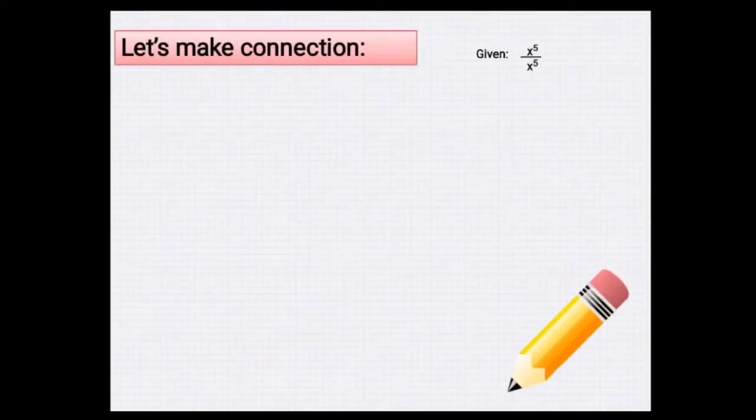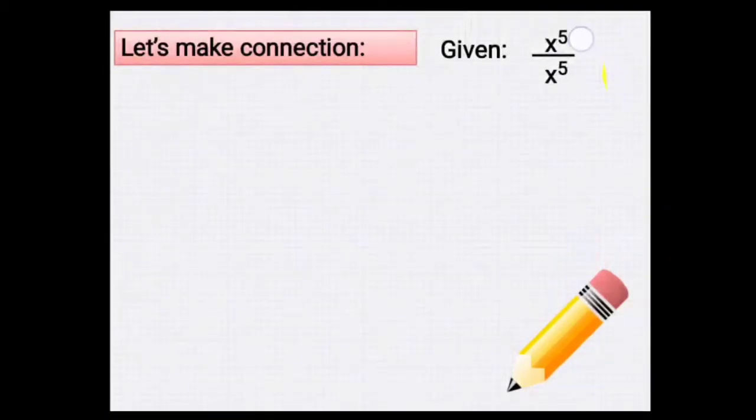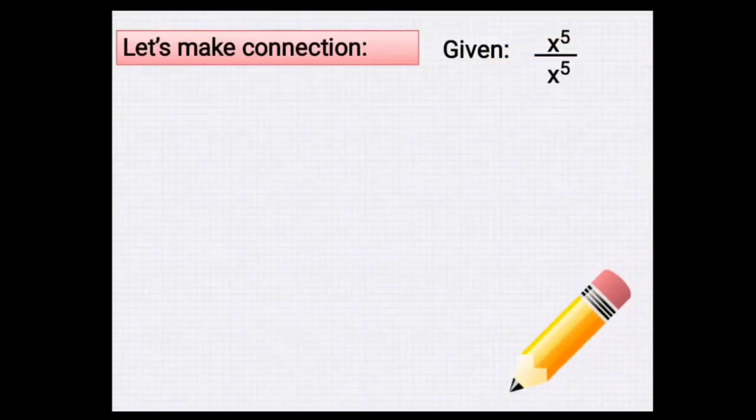So let's make another connection. As you can see, we have x to the fifth power divided by x to the fifth power. In this case, if you apply the third law, automatically your answer should be equal to 1.